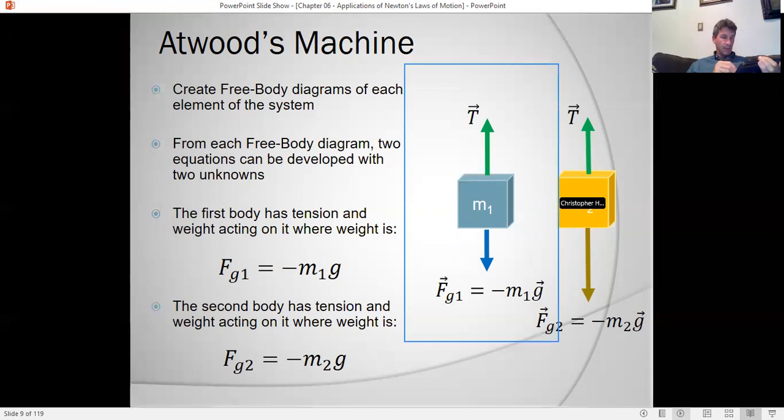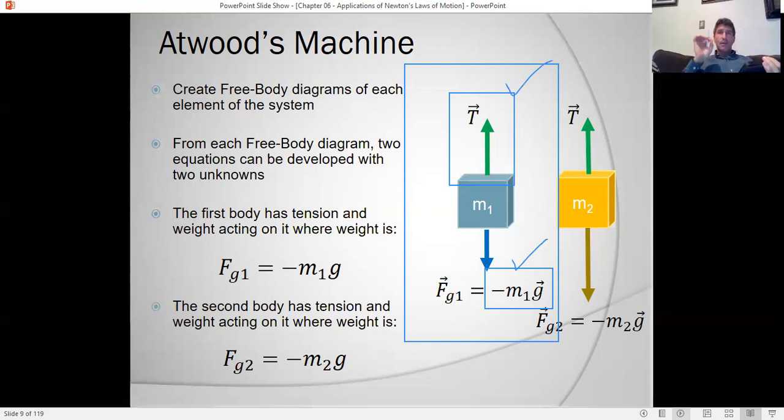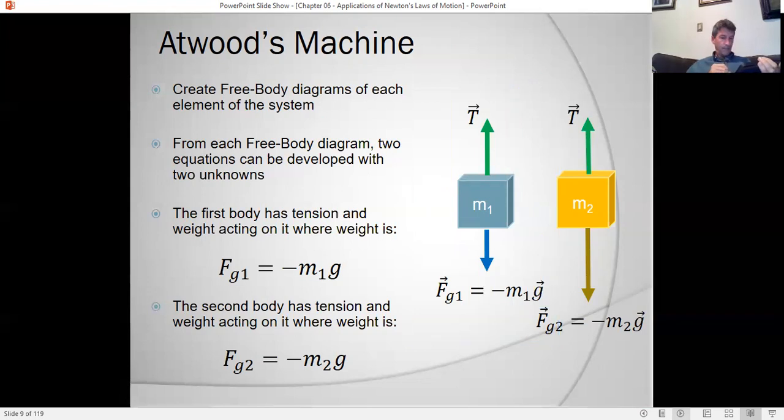We have tension pulling up, so that's going to be a positive force. We have weight pulling down, that's going to be a negative force. And each force, tension plus weight, are going to add up to be equal to the mass times acceleration. That's Newton's second law. Okay?